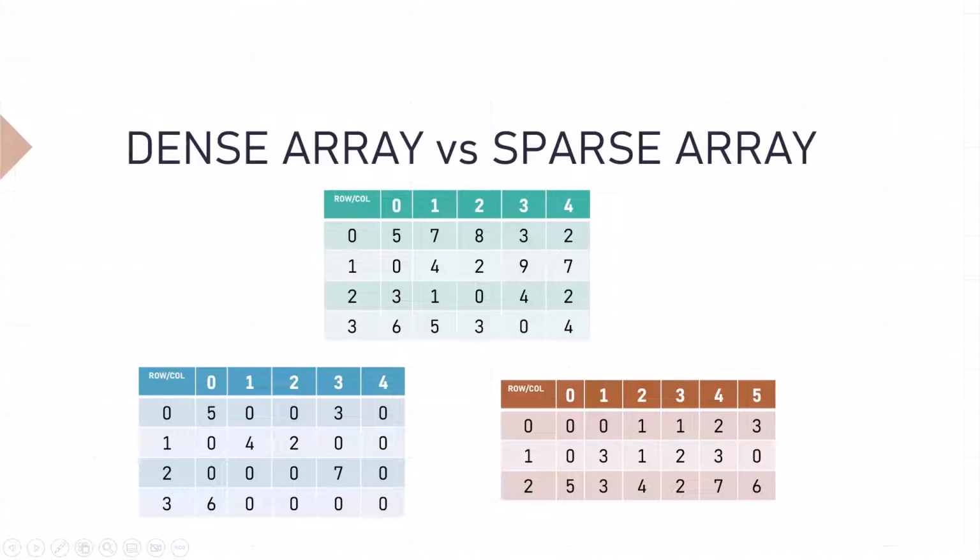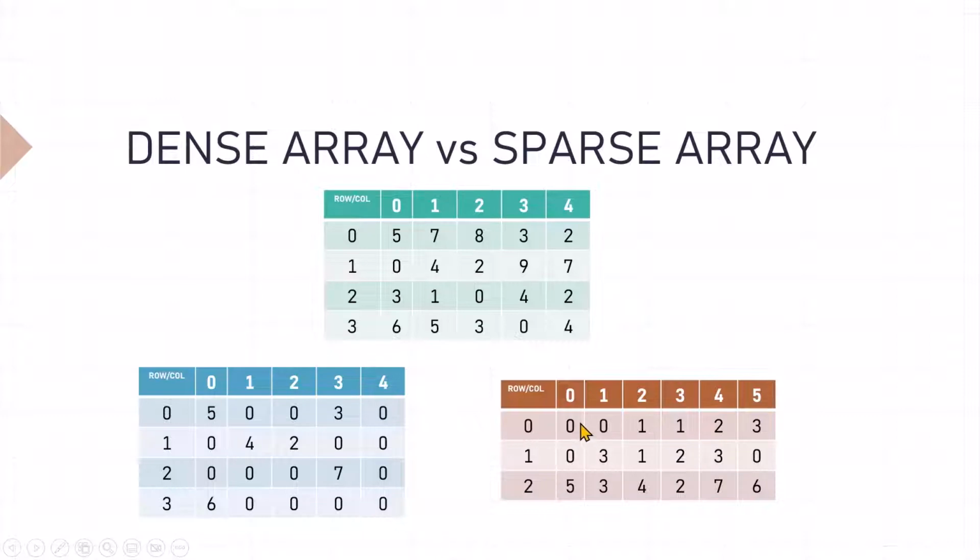What we're doing is we create this array which will store the logical positions of each of the elements that have a non-zero value. So looking at the sparse array, we can see that 5 is the first non-zero value and its logical position in the sparse array is row 0 and column 0.